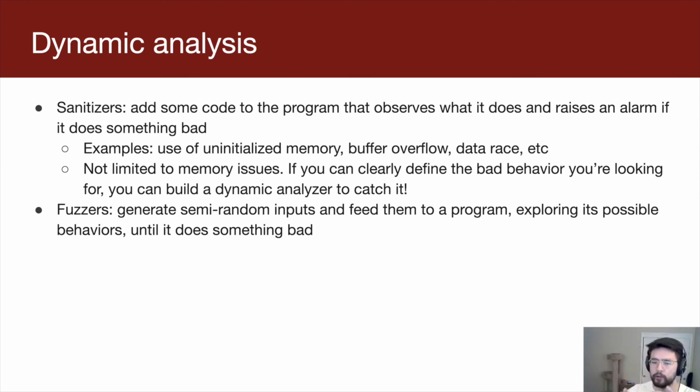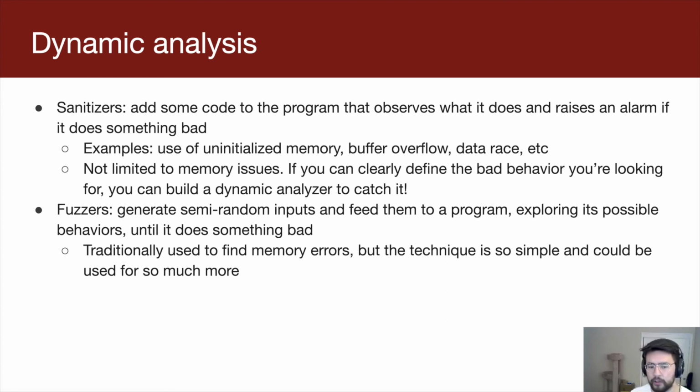We also talked about fuzzing, where you generate semi-random inputs and you keep feeding them to a program, trying to make it do different things until it does something bad. Traditionally, fuzzing is used for memory errors, right? Many of these dynamic analyzer tools come from a C and C++ memory context. But this is such a simple technique and it could be used for anything.